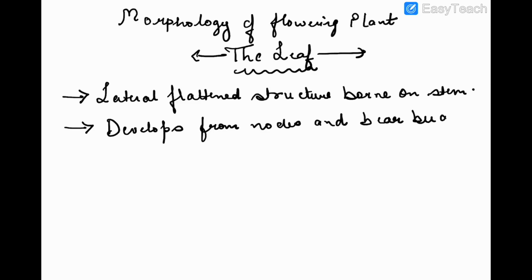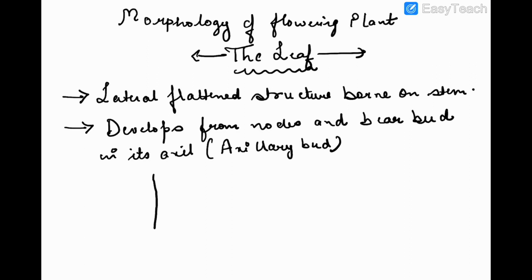That bud which it bears in its axil is called the axillary bud. For example, if this is a stem and the point which I'm drawing in red is the node, then this would be the leaf.